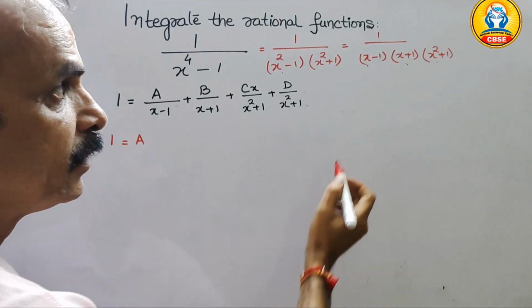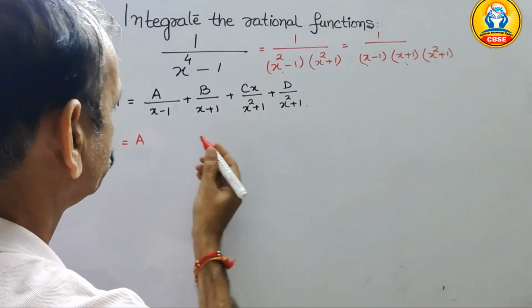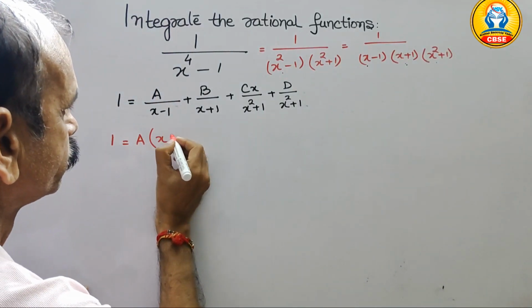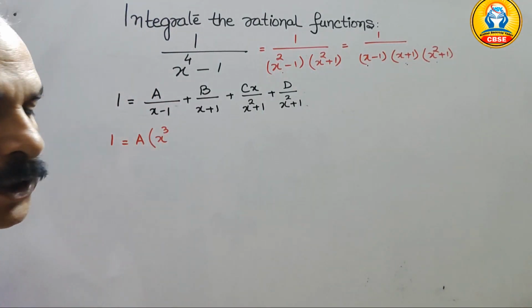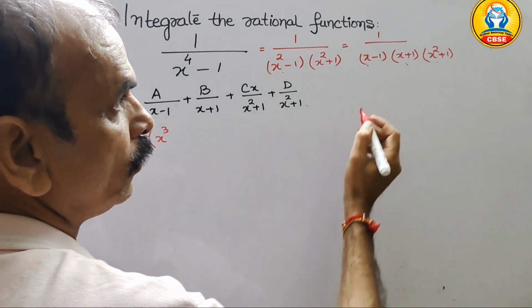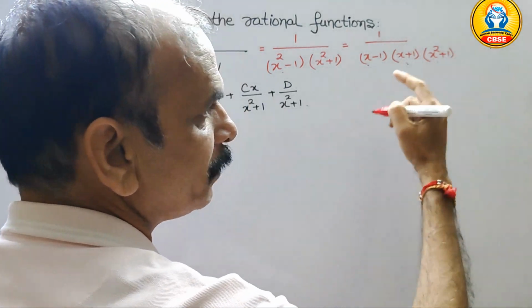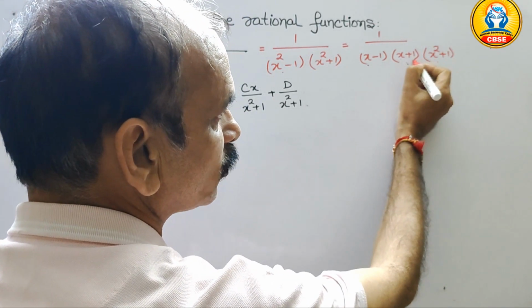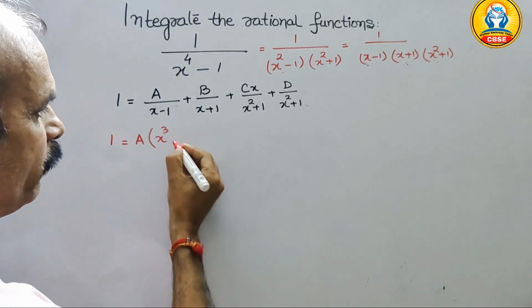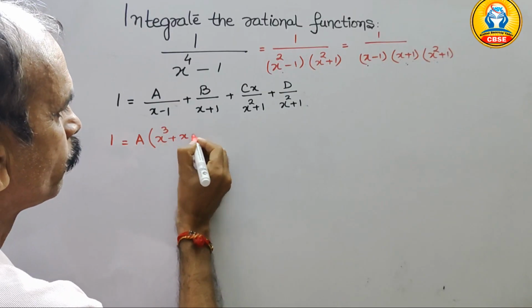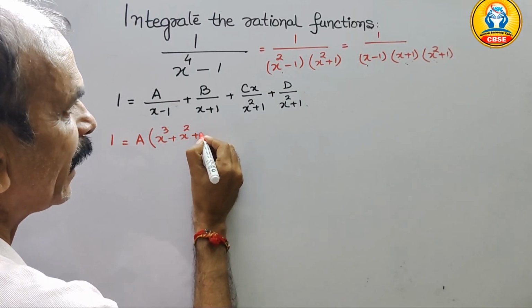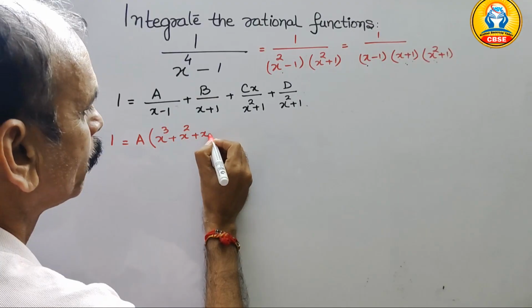So this will be x cube, plus x square, plus x, plus 1.